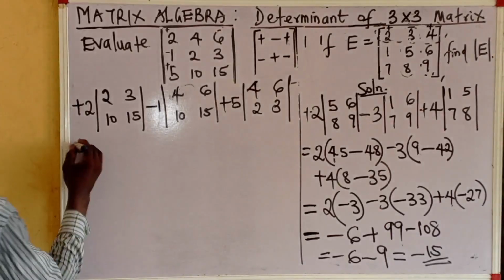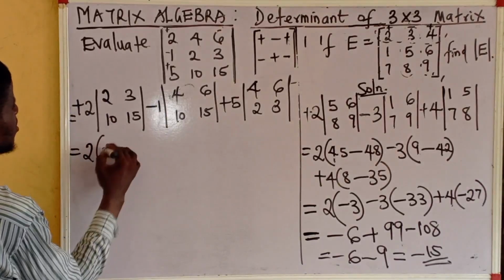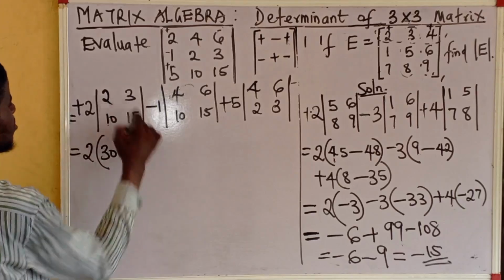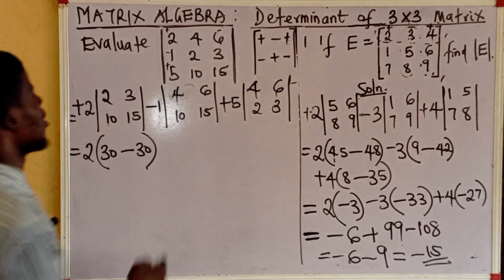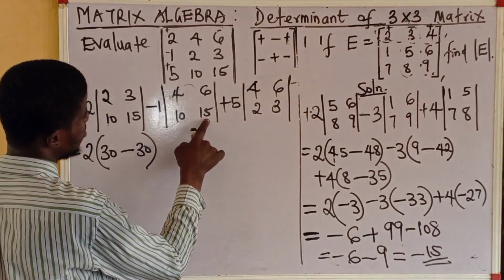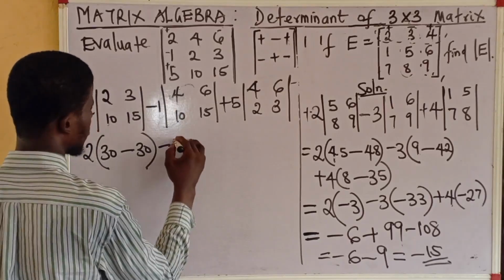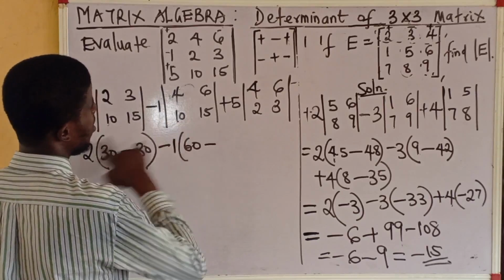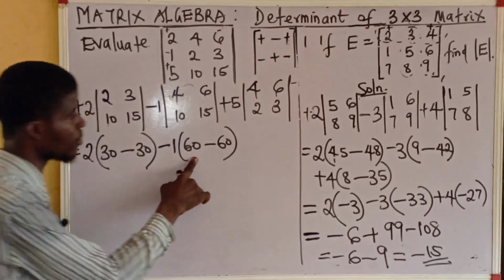So let's evaluate it. This is equal to 2 times 15 is 30, minus 10 times 3 is 30. Of course, this is 0. 4 times 15 is 60, right? Yes, 60, minus 10 times 6 is also 60. This is also 0.